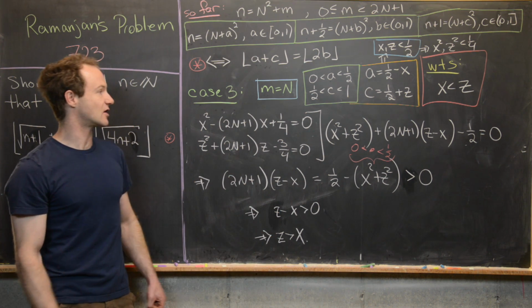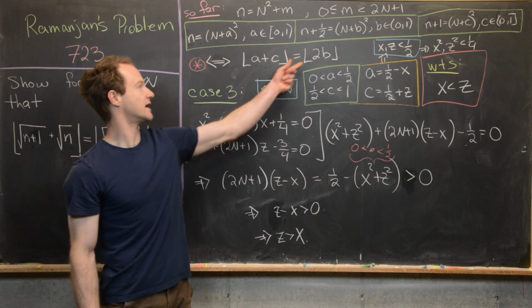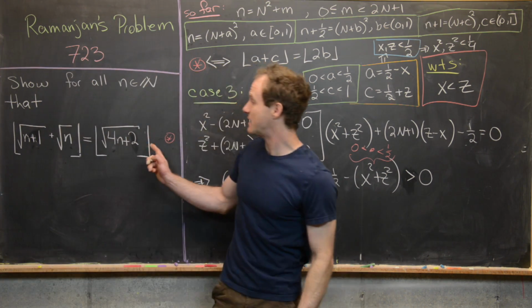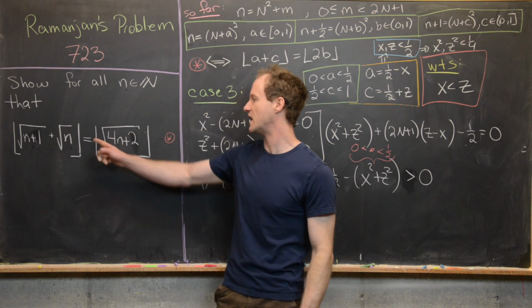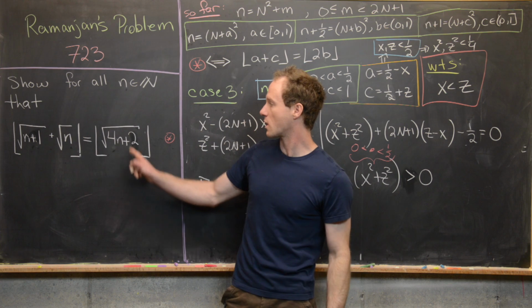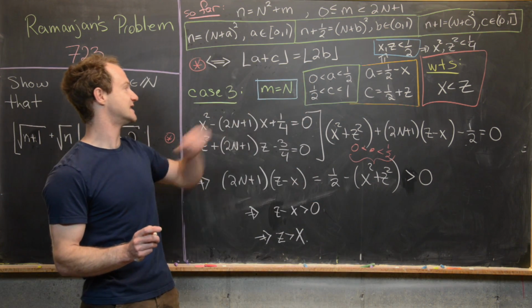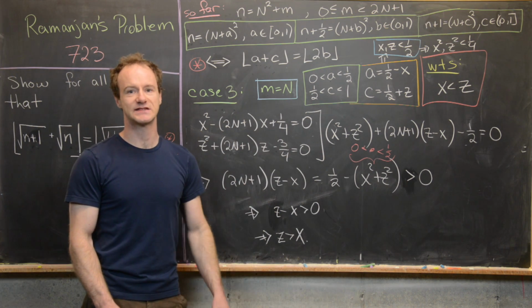We've got z is greater than x, but that shows us that a plus c floor is the same thing as 2b floor, but that's the same thing as showing that the floor of the square root of n plus 1 plus the square root of n is equal to the floor of the square root of 4n plus 2 in this third case, where m was equal to n. Great, and that's a good place to stop.